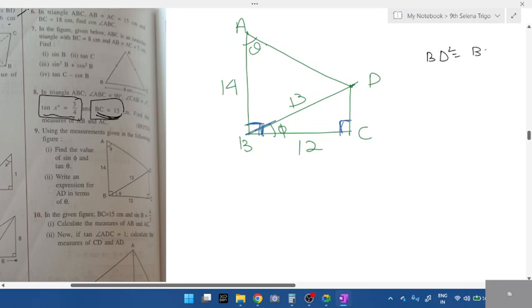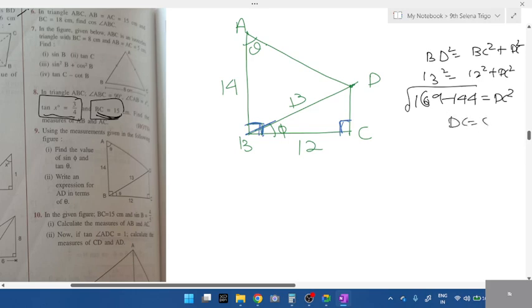BD square is equal to BC square plus DC square. What is DC square, students? 160 minus 25, right? So what is the DC value? 5. Is this clear? All of you understood? Next one. Find the value of sine phi, which is given.